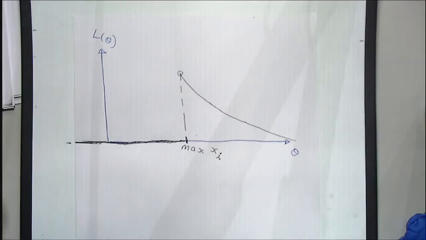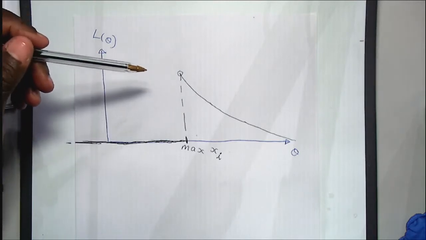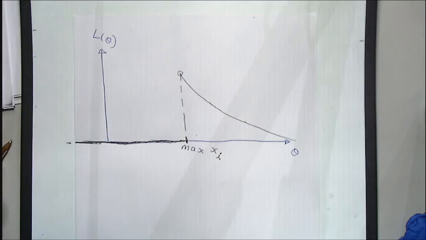Can you see why? Don't just say yes, but do you guys understand why the graph of this function versus theta should look like this? Yes or no?